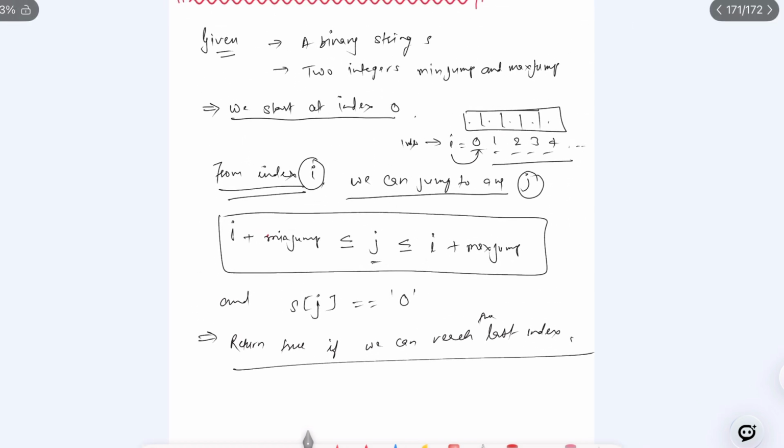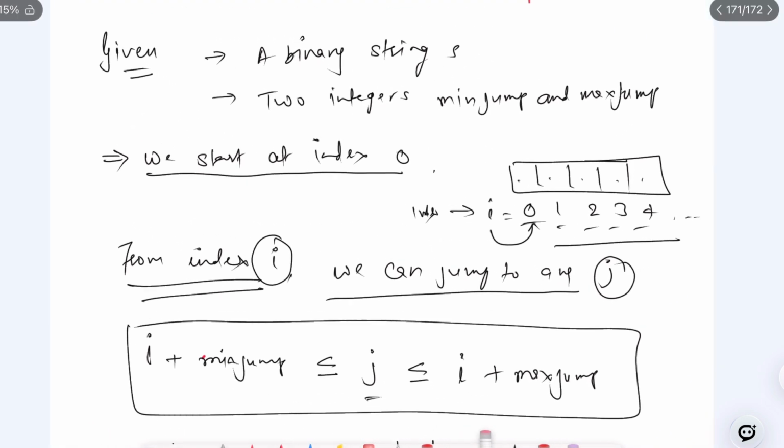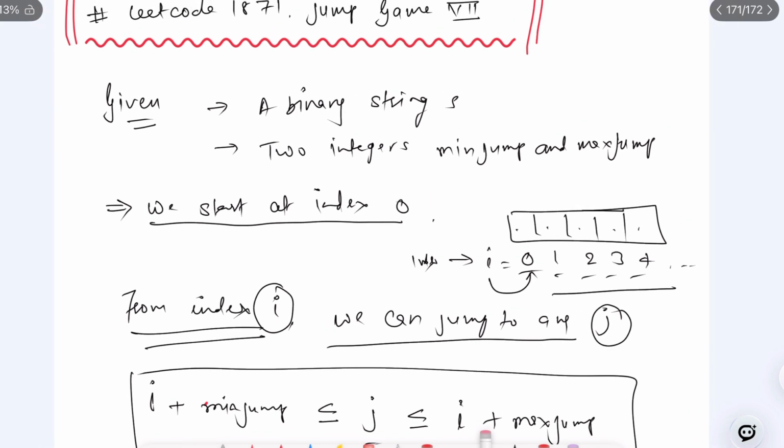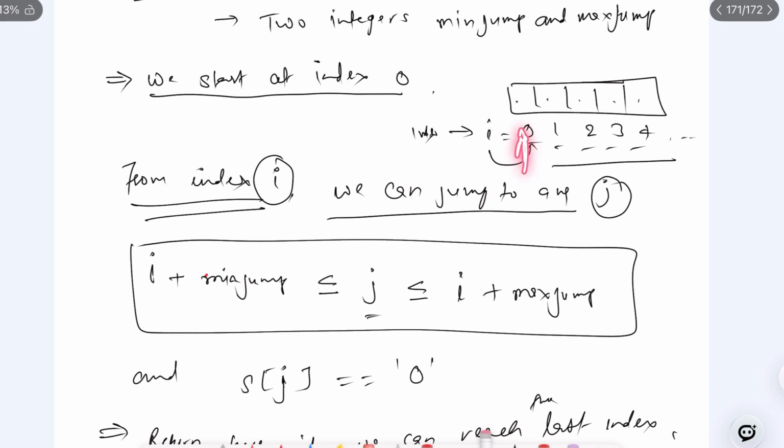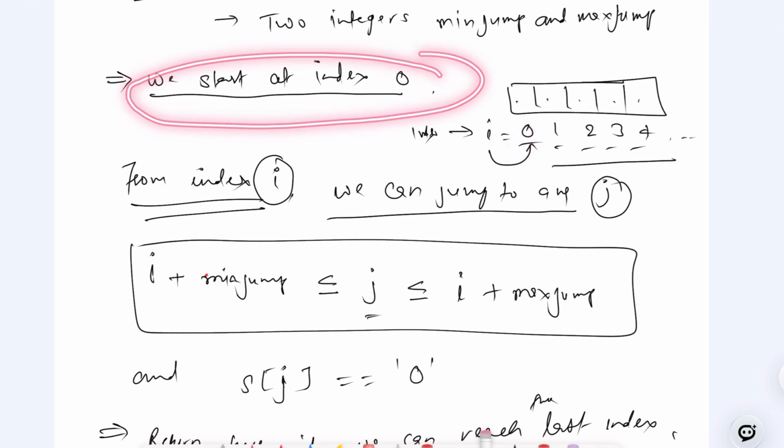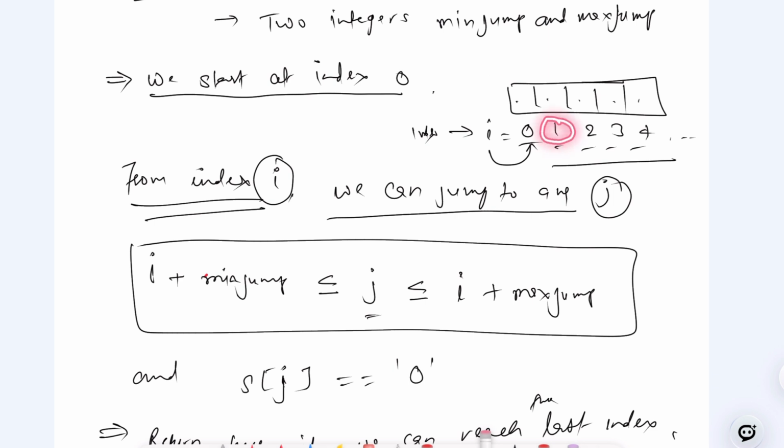Let me recap again so you will understand. In LeetCode 1871 Jump Game 7, we have been given a binary string. Then we have been given two integers, that is min jump and max jump. We always start at index 0.